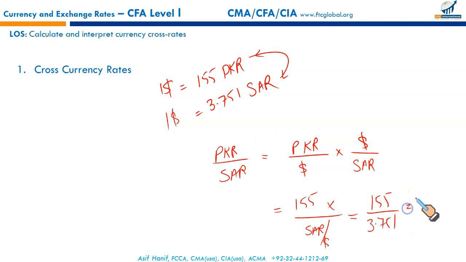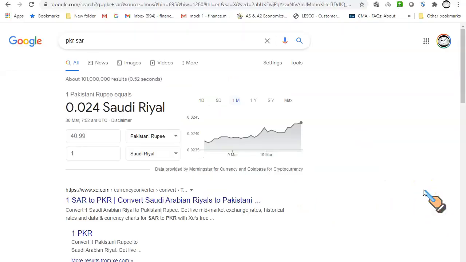Its simplification will give you the cross rate between PKR and SAR, that is 41.32. That means that one Saudi Arabian Riyal will get me 41.32 Pakistani rupees. And this is the current rate. 1 Saudi Arabian Riyal is about 40.99, roughly the same amount. So this is how you calculate the cross rate.